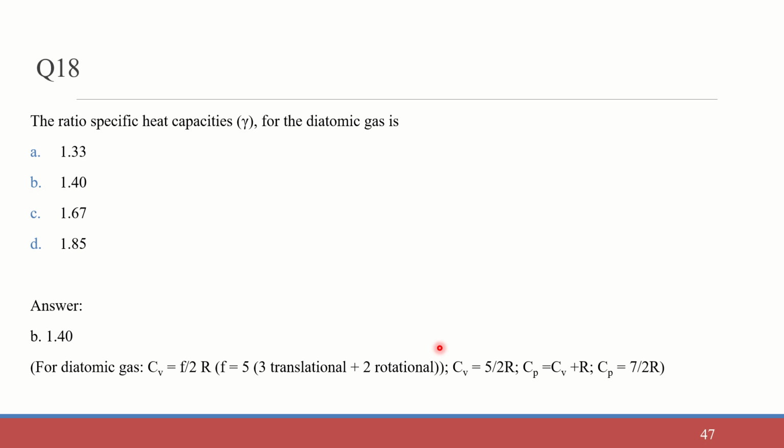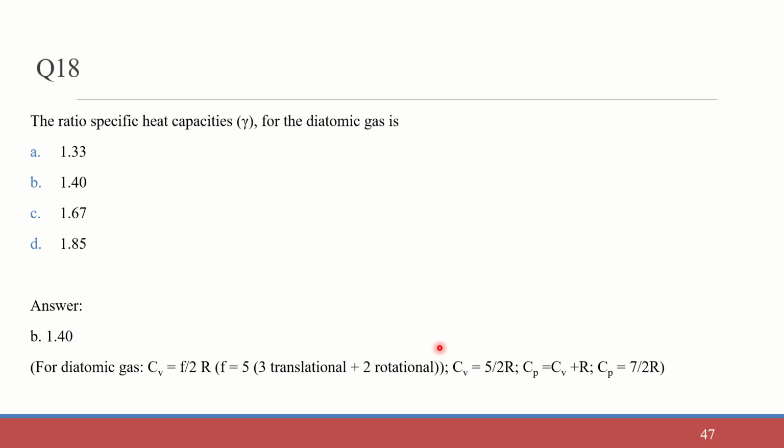We have only translational degrees of freedom, but for diatomic gas we have 2 extra degrees of freedom, that is rotational degrees of freedom as well. So here it is 3 plus 2, 5. On that basis we do the calculations and we get the answer as 1.4.